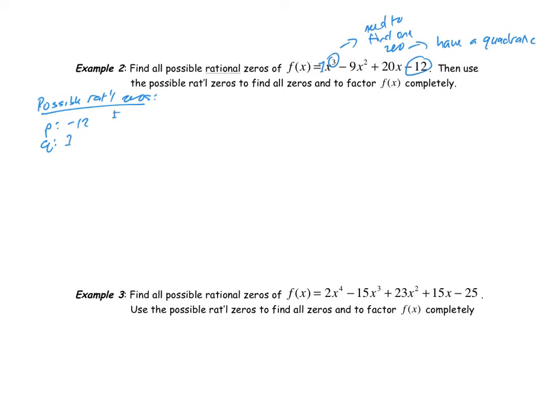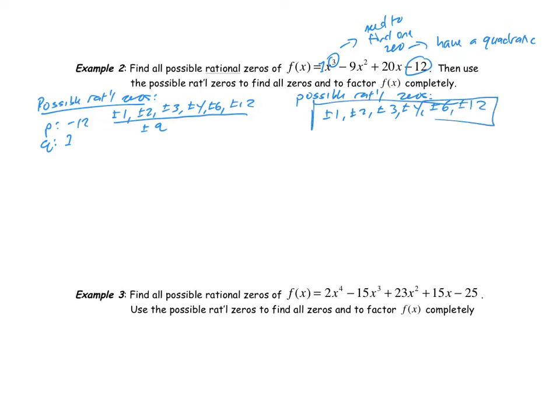So those values are going to be factors of P, which are plus or minus 1, plus or minus 2, plus or minus 3, plus or minus 4, plus or minus 6, plus or minus 12. And the factors of the leading coefficient are just plus or minus 1. So our possible rational zeros, our complete list, is plus or minus 1, plus or minus 2, plus or minus 3, plus or minus 4, plus or minus 6, and plus or minus 12. Okay, that's the first part of the problem.